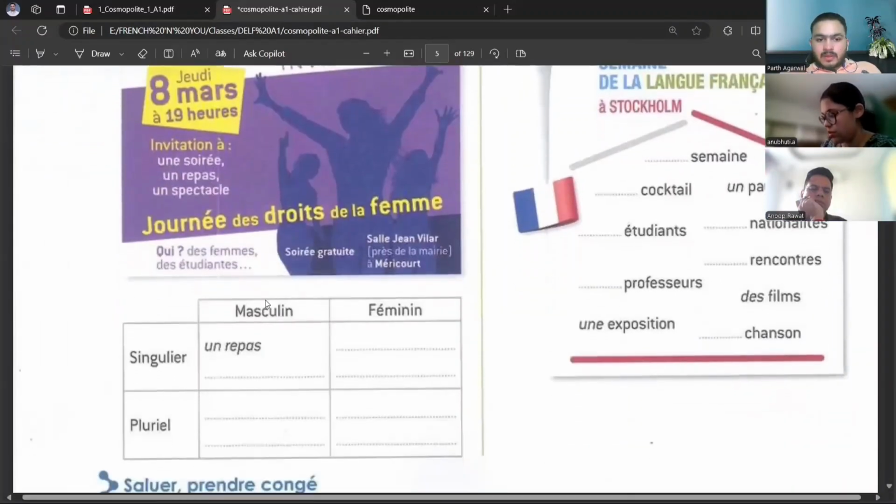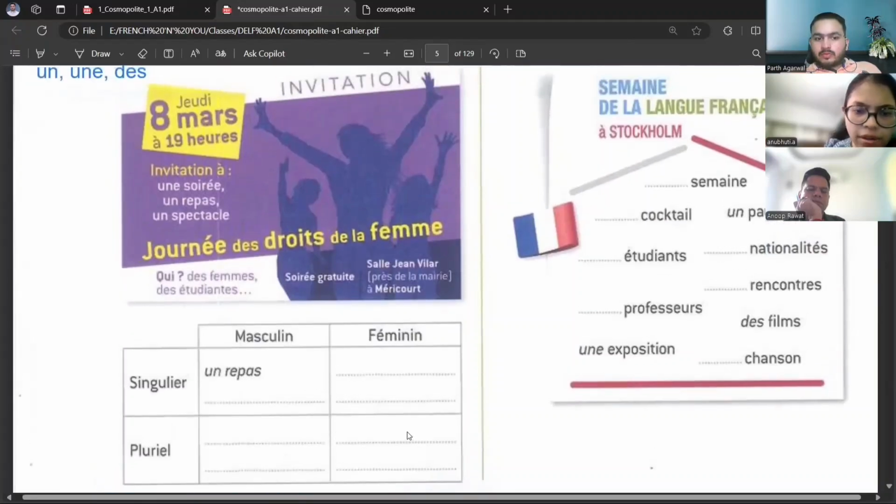For example, masculine singular form, un repas. So un repas is already given here. Masculine singular form, so it will come in this box. So 2 words for feminine singular, then 2 words for masculine plural, and then 2 words again for feminine plural. So this is how we need to find it.